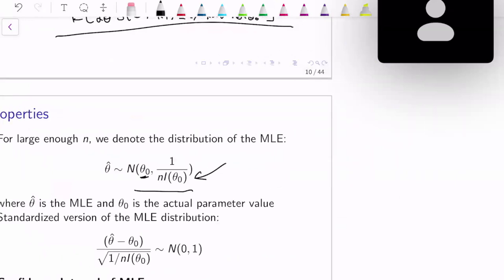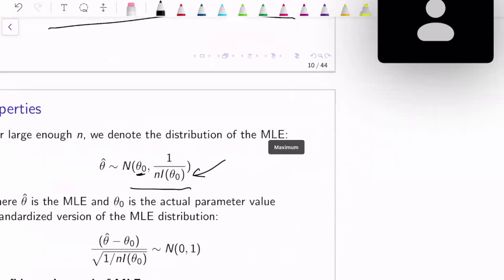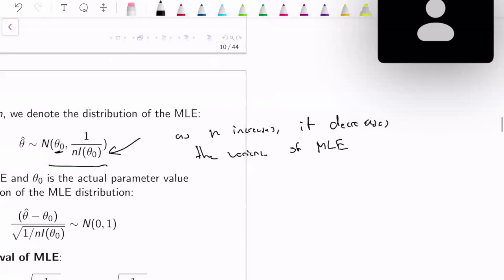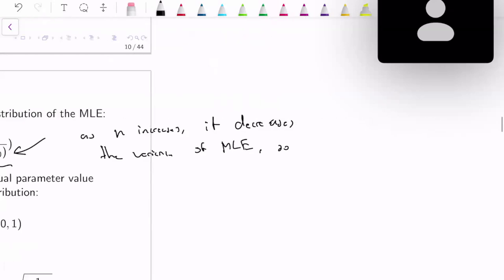So one way to think about it is as n increases, the variance of the MLE decreases. When your variance is decreasing, your density will get narrower.